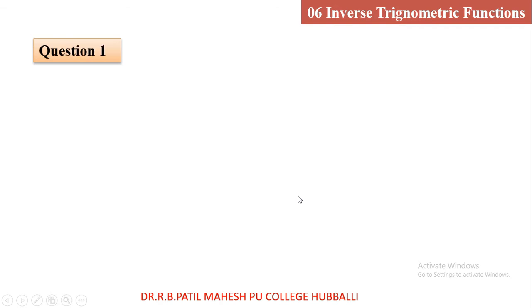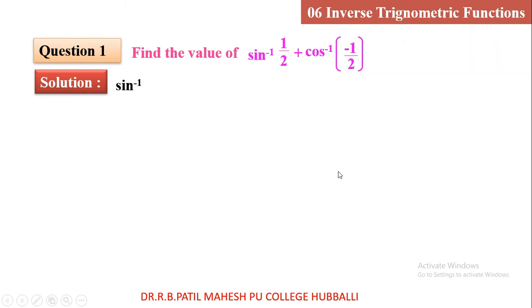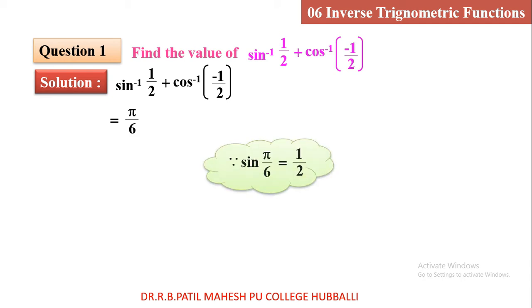Question number 1. Find the value of sine inverse 1 by 2 plus cos inverse minus 1 by 2. Dear students, let us consider the given expression as it is. Sine inverse 1 by 2 plus cos inverse minus 1 by 2. To solve this one, sine inverse 1 by 2 value is pi by 6, as you know, plus cos inverse minus 1 by 2.